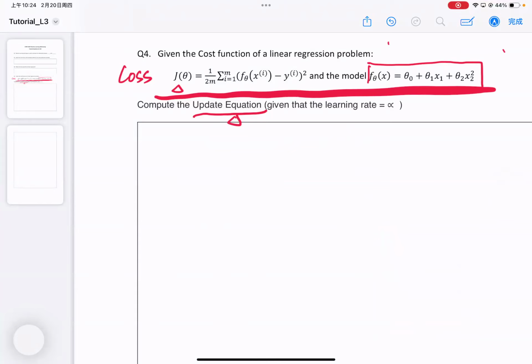So let's see, we have J(theta), a function.